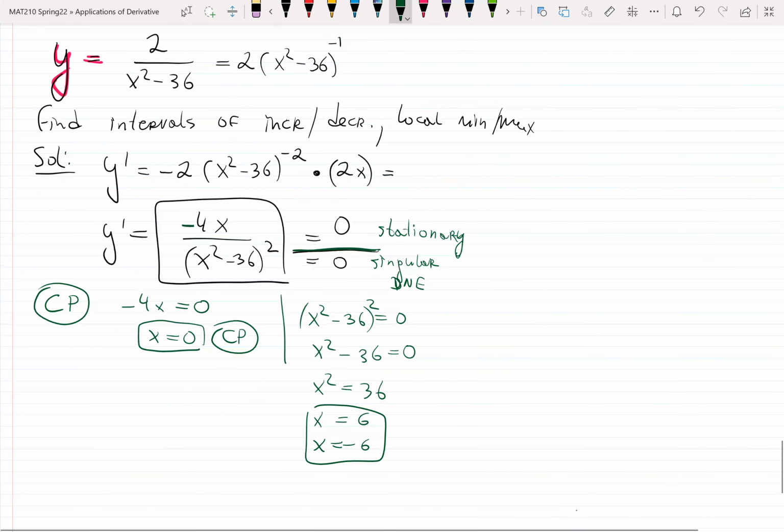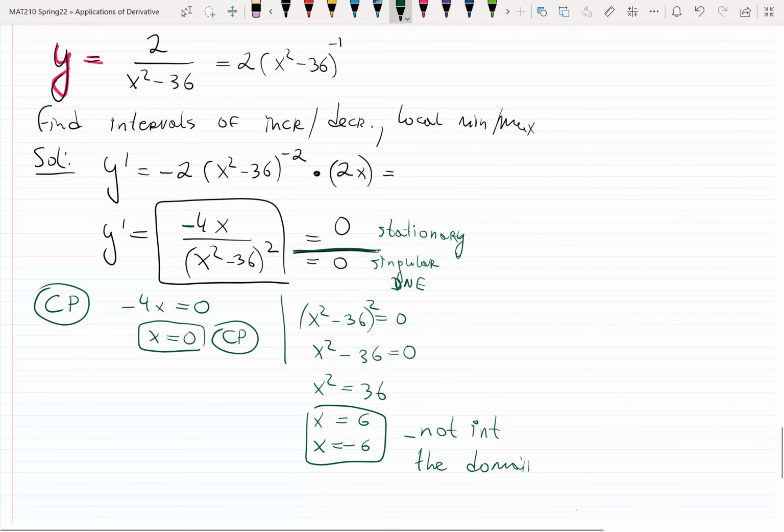I will not put something complicated like this in a test, but on the quiz you had it, and if you watch my YouTube video, you saw how I'm doing it step by step. Not in the domain, because the original function should not have 6 or minus 6 as inputs. That makes the denominator 0. So these points came out from the equation, but they're not in the domain. They are actually VAs, vertical asymptotes. There are two vertical walls.